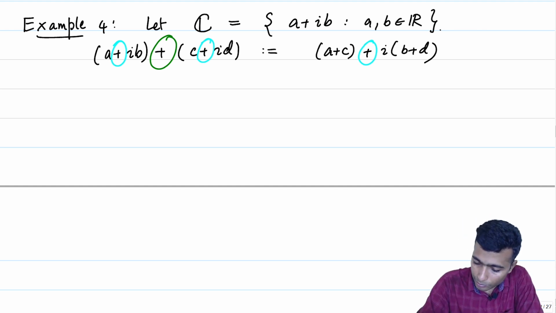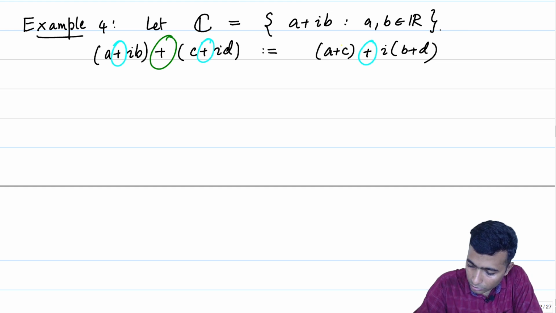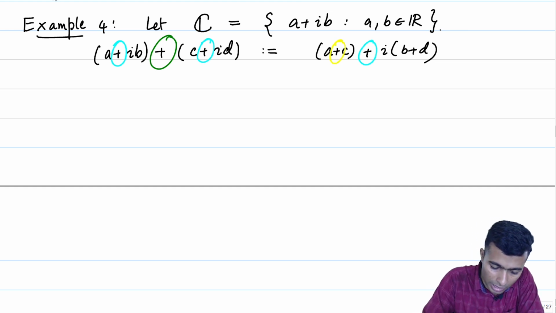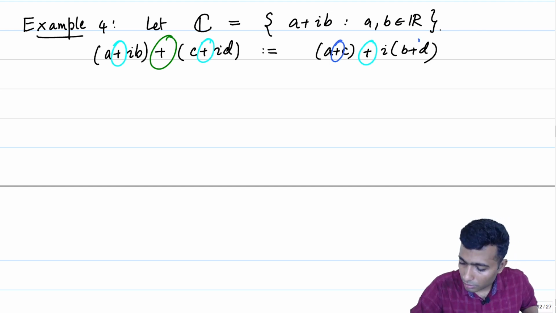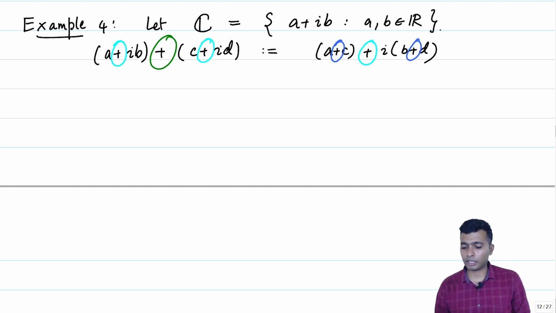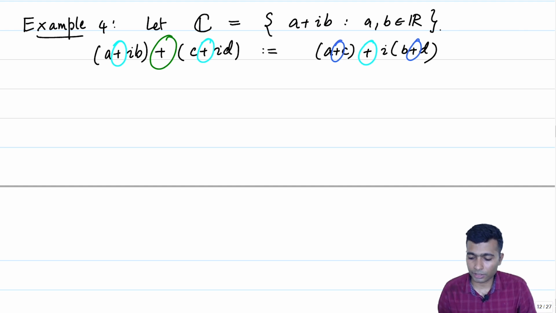On the right, let me use another color now. Yellow is maybe a bad choice. Let me use blue, and let me circle the two additions that are written on the right hand side of the equation. Those are additions of scalars, additions of real numbers. Remember that a, b, c and d are all real numbers.